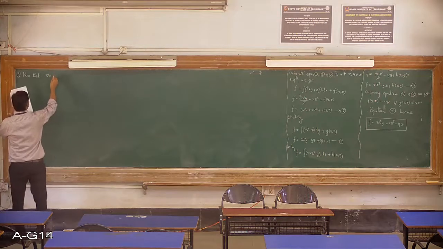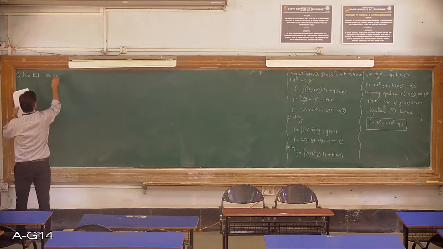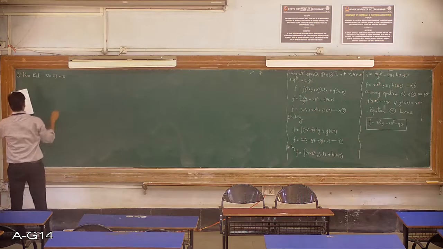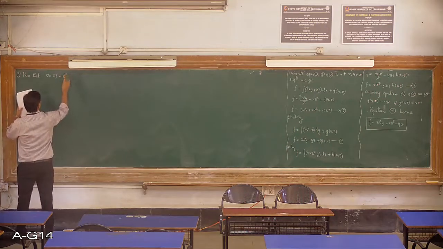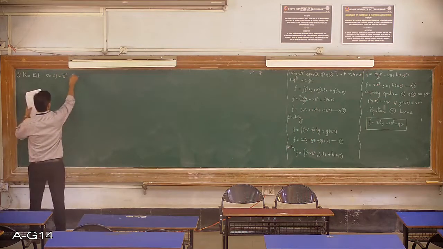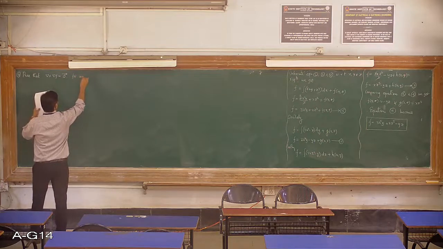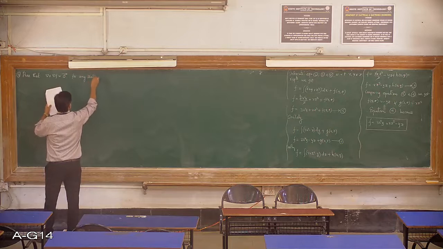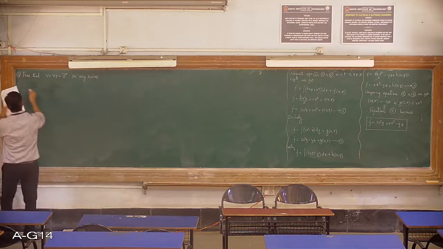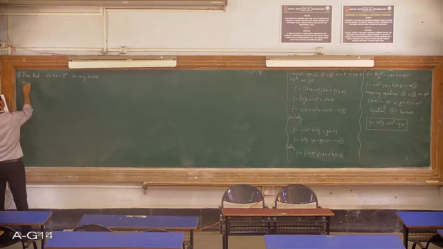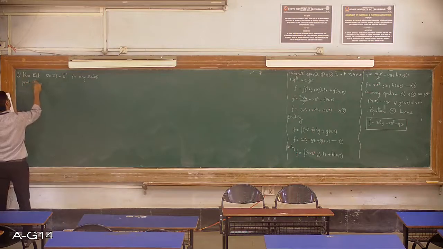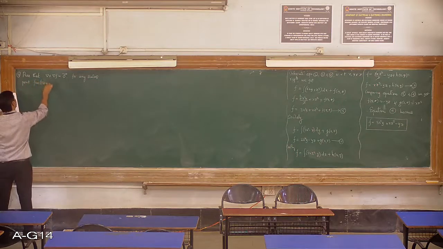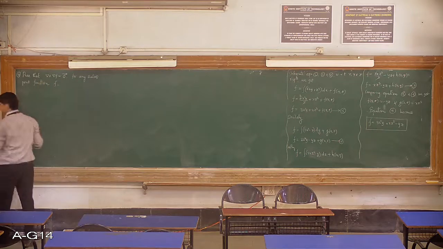del cross del f is equal to 0 vector for any scalar point function f.